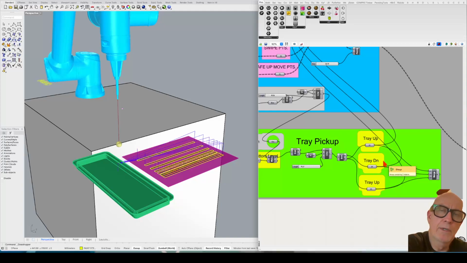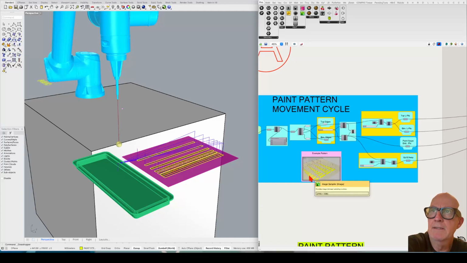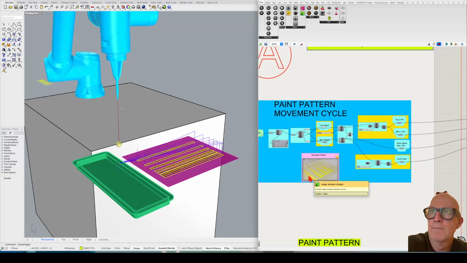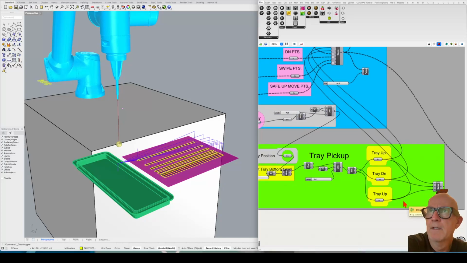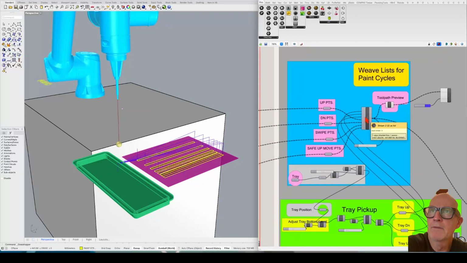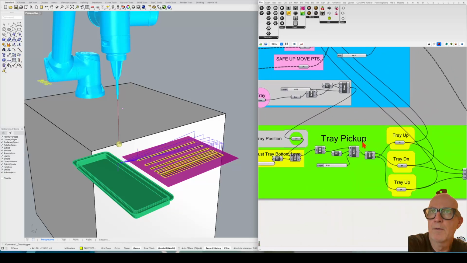So we need a way to switch back and forth between painting our pattern or picking up additional paint in the tray. This is accomplished by a very useful tool in Grasshopper called the Weave component. So this component lets us complete a series of moves using one set of components.